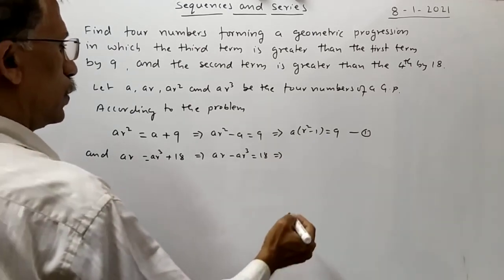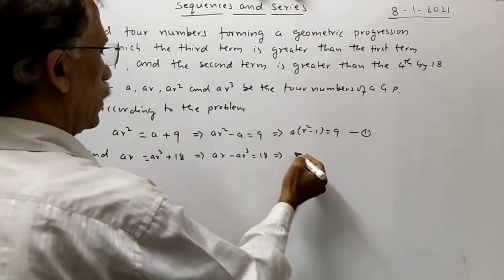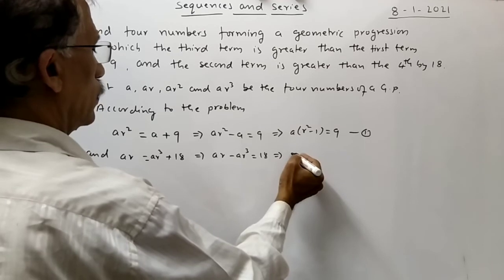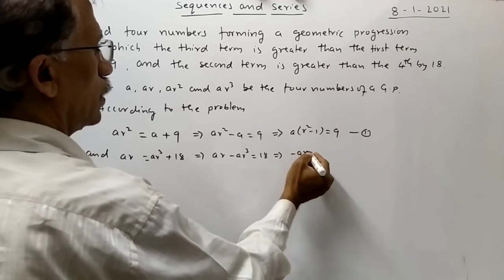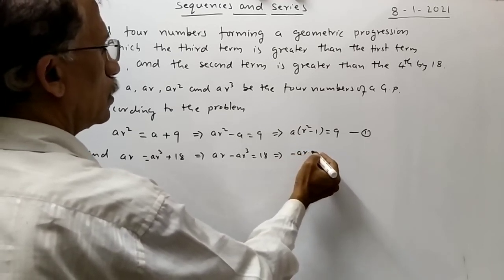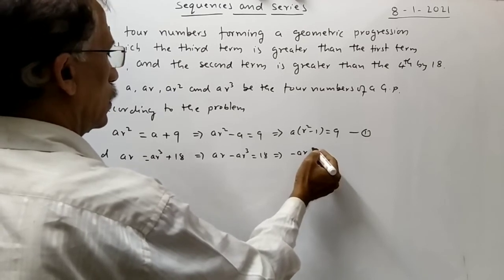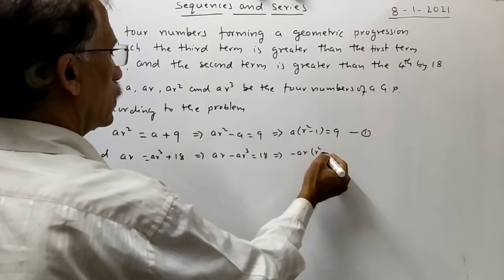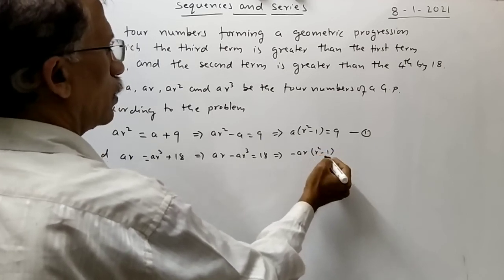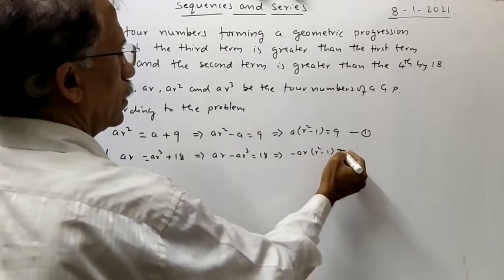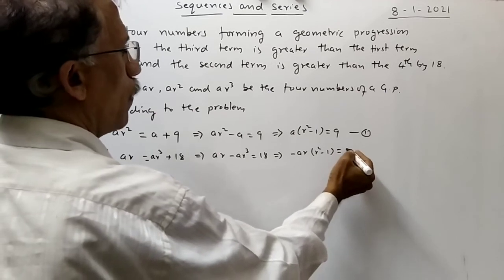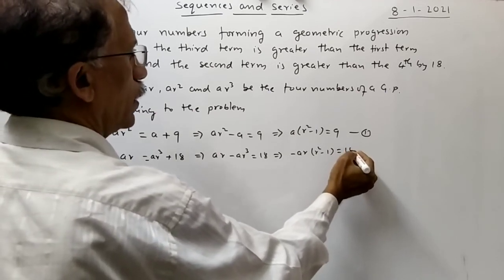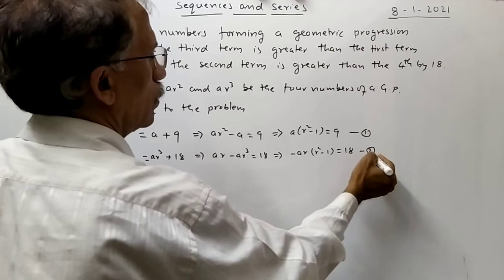Implies when you take minus AR common, then we will get R square minus 1 in the bracket is equal to 18, say number 2.